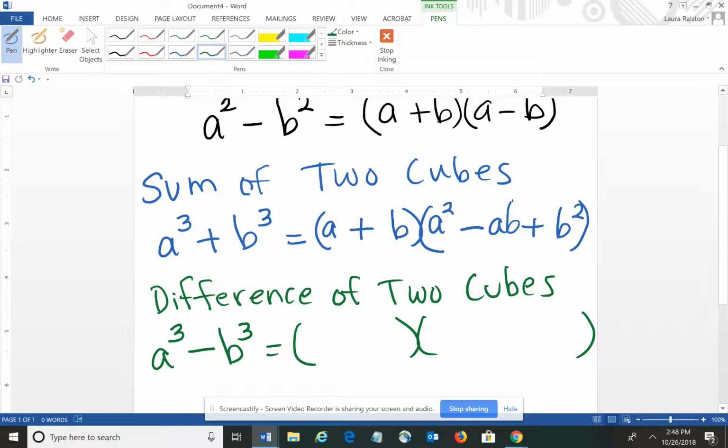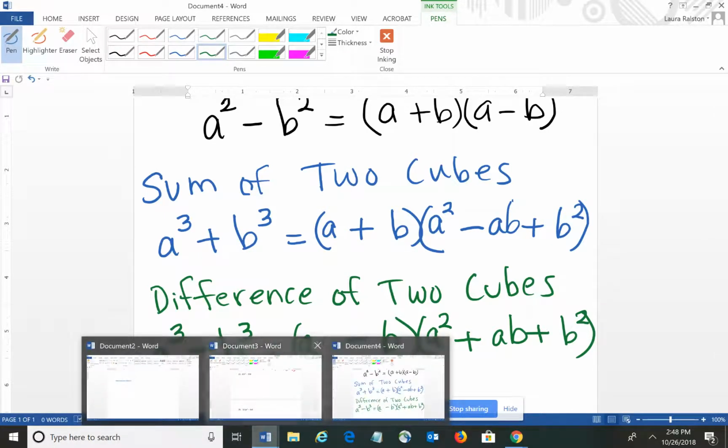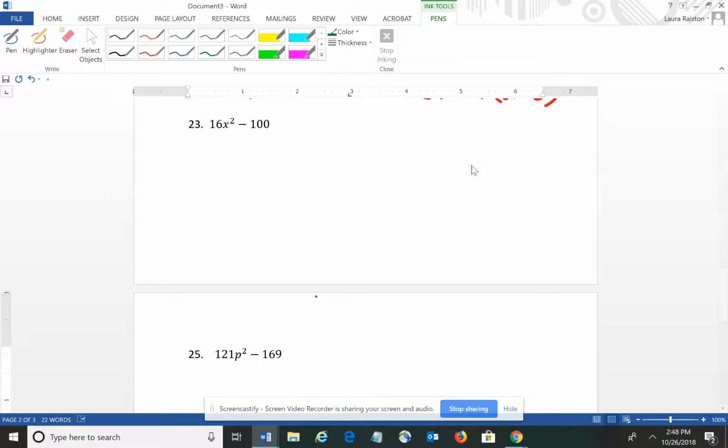What did I cube to get A cubed? A. What did I cube to get B cubed? B. Minus sign between them. Square the first term, square the last term, multiply them together, and for the difference, it's a positive and a positive. Okay, so those are the three patterns you want to look for whenever you have two terms and you're trying to factor.